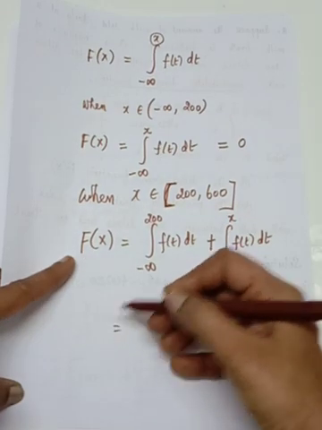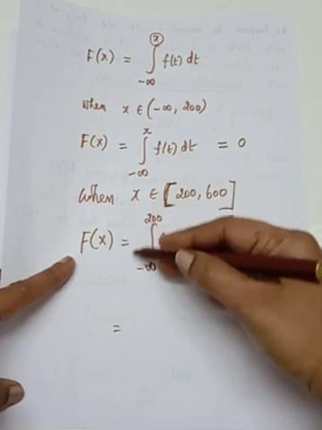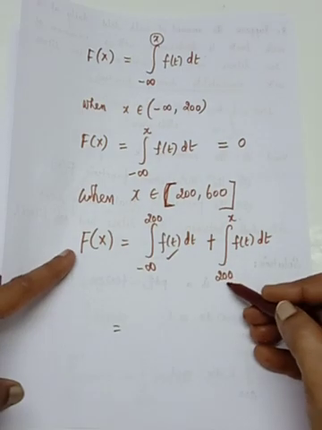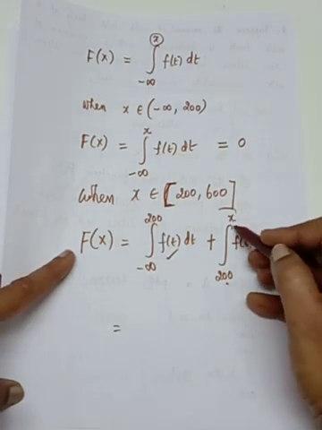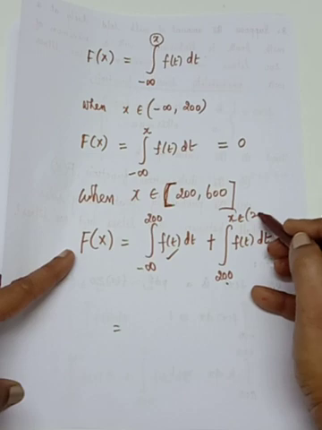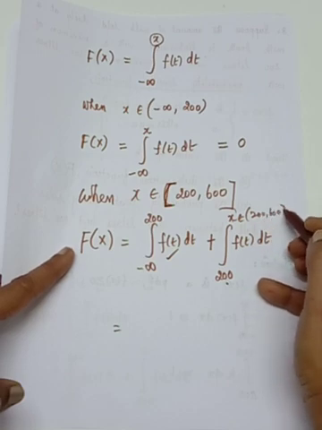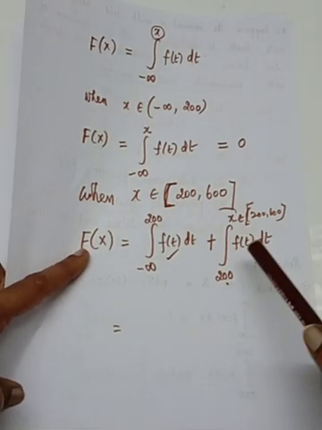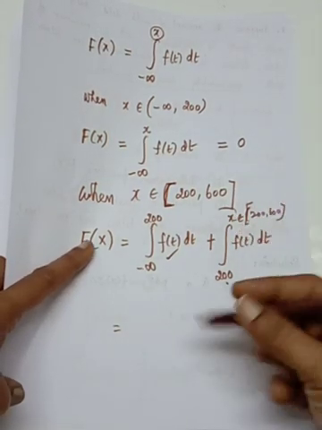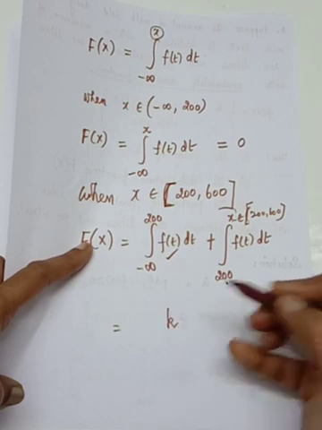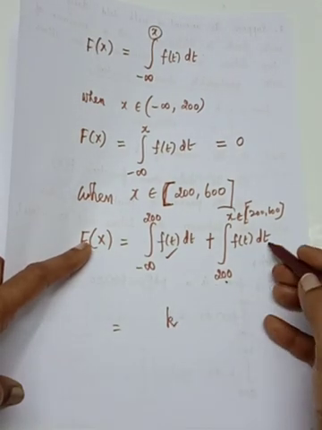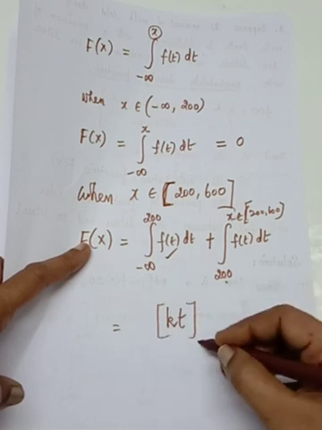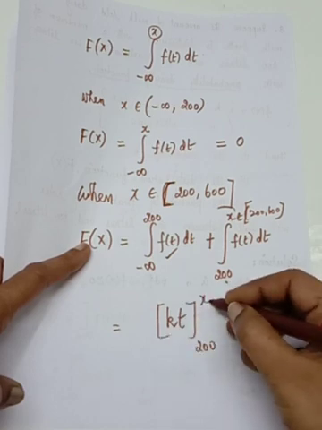So you see that within this interval, your f of t is 0. But 200 to x, your x belongs to 200 to 600, isn't it? So above which interval will come? 200 to 600 has to come. So in that interval, your f of t is k. Okay, if you integrate with respect to t, it is kt. And the limits vary from 200 to x.